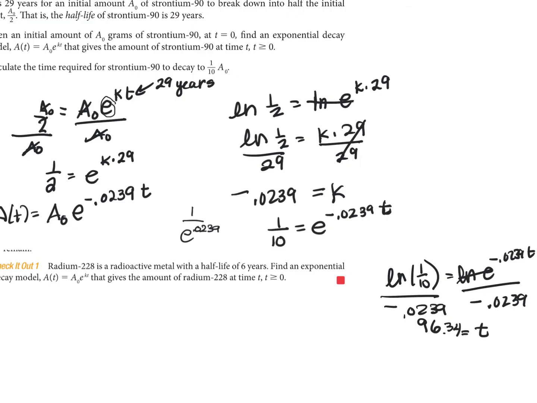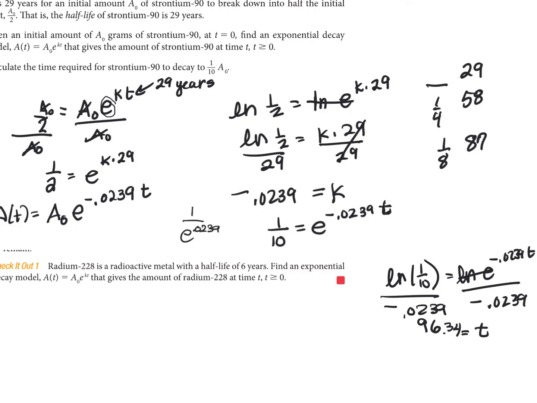Now, let's just use a little reality check if we want to. Its half-life is 29 years, so it's half at 29 years. At 58 years, it would be at a quarter. Then another 29 years is 87 years, it would be at an eighth.